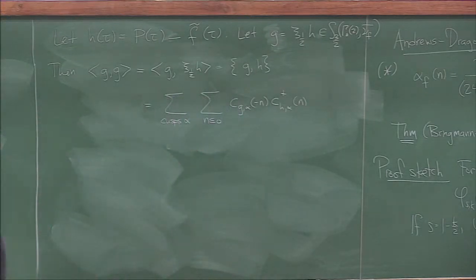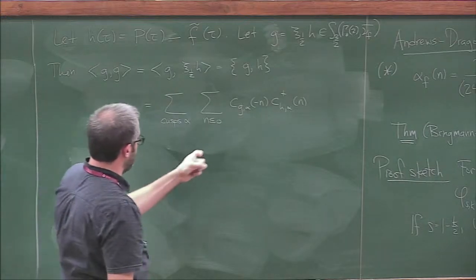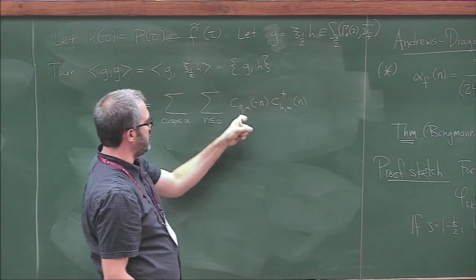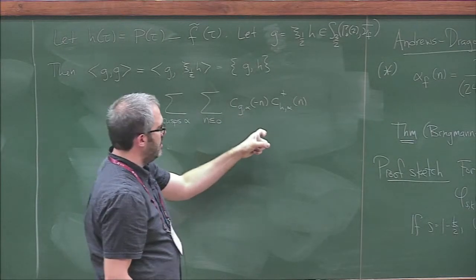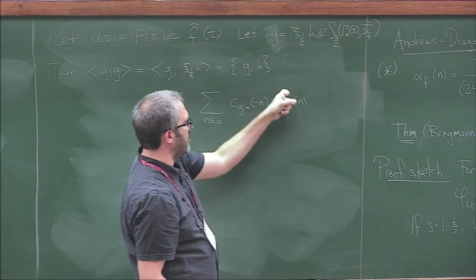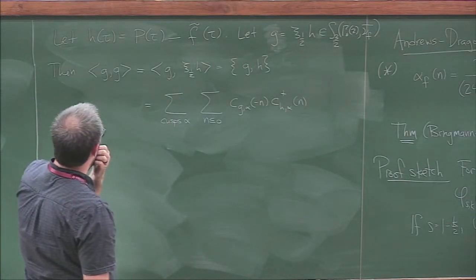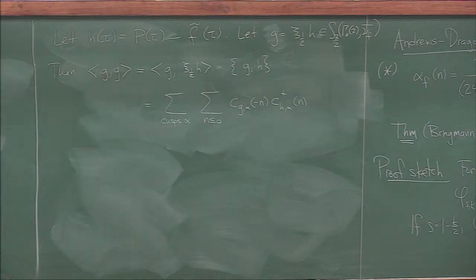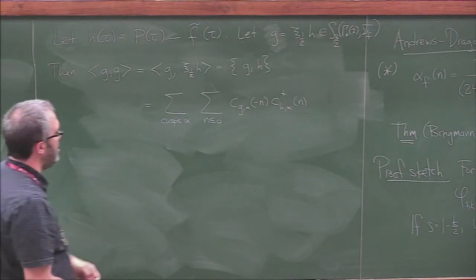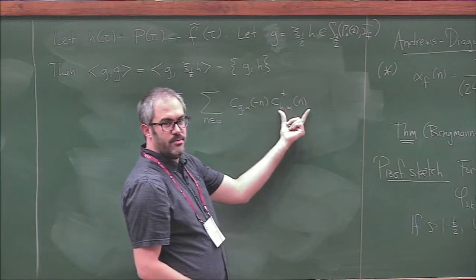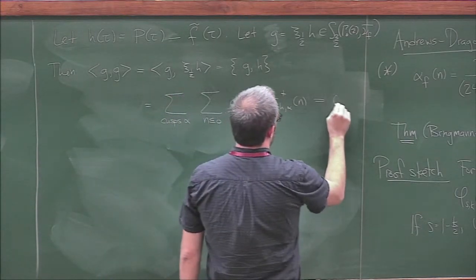So this would be the minus nth coefficient of g at the cusp alpha, and this would be the nth coefficient of h at the cusp alpha in the holomorphic part. But I just told you that the principal part of h is 0, because the principal part matches exactly what's going on with f of q. This matches f of q at infinity. At 0, f of q looks like omega, which doesn't have a principal part. And so all of these numbers are 0. Okay, so we just get 0.